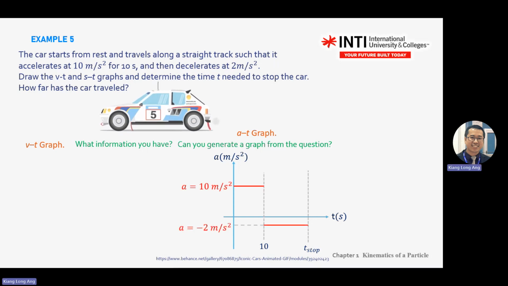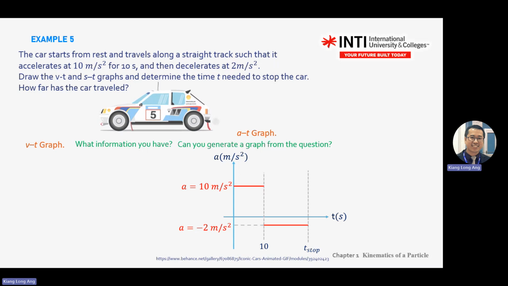You should draw like that. Why? The question already gives you the constant value. Why do you go and change the equation? Use the constant value. So you have two values here.